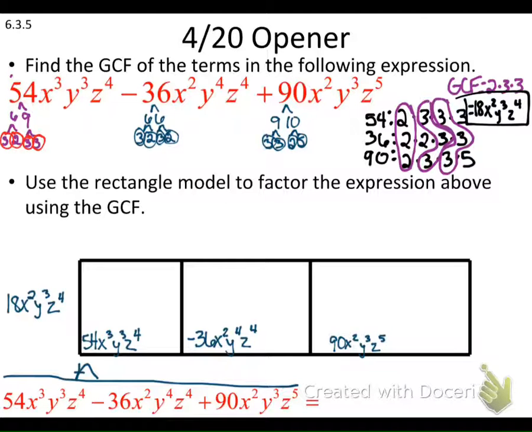And then from here, I can solve for my width. So 18x squared y cubed z to the 4th times blank equals 54. 18 times what is going to be 54? 3.